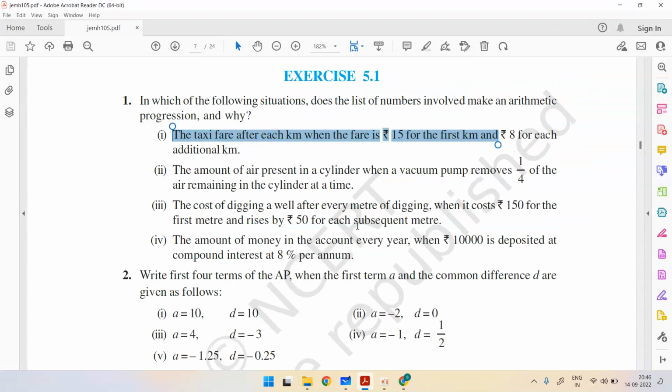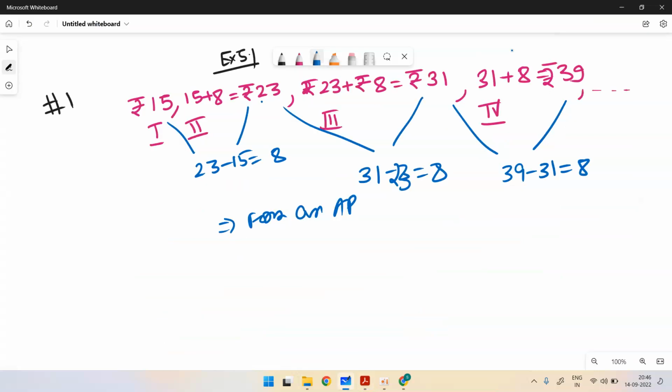Now next is the amount of air present in a cylinder when a vacuum pump removes 1/4 of the remaining air in the cylinder at a time. So first assume this is the first part, this is the second part.